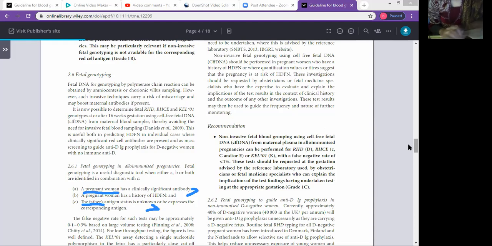If there is a heterozygous expression of the antigen, then we will have to confirm the fetal genotyping to identify the risk in the fetus. And if there is a homozygous expression of the corresponding antigen in the father, then of course the fetus is at risk of HDFN.